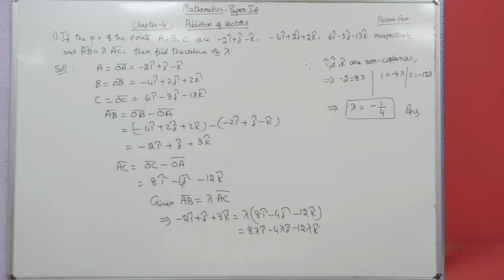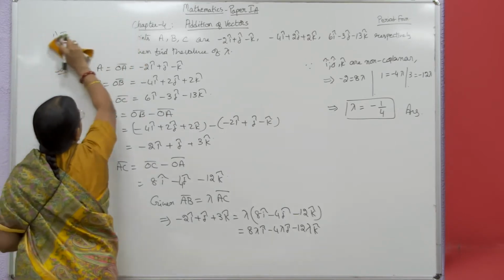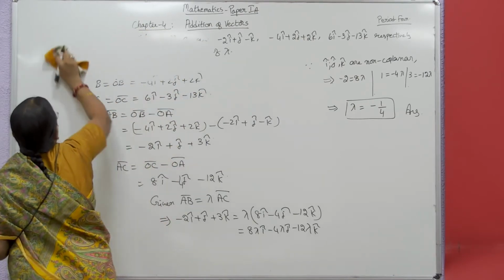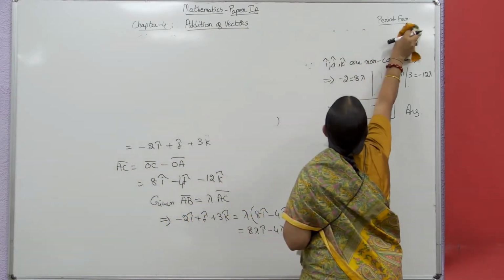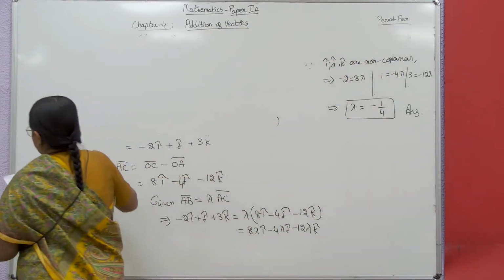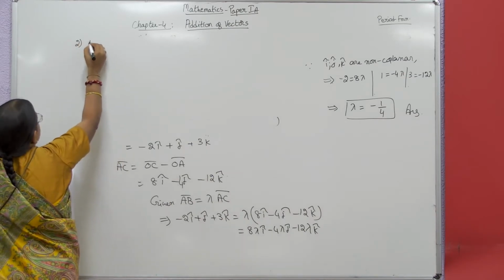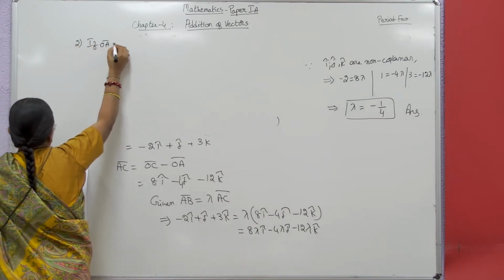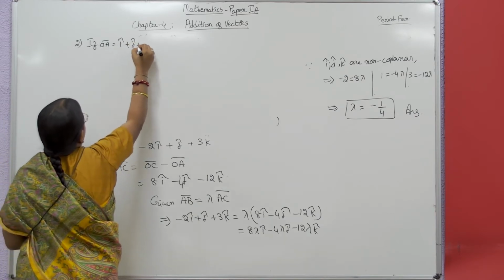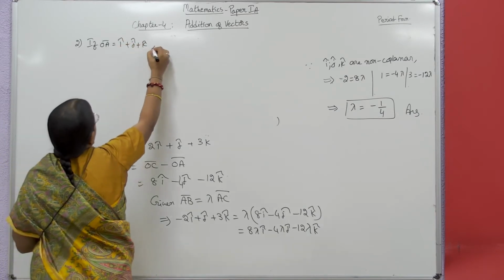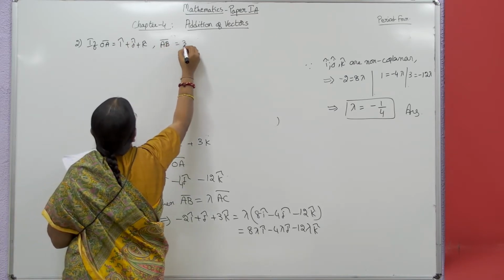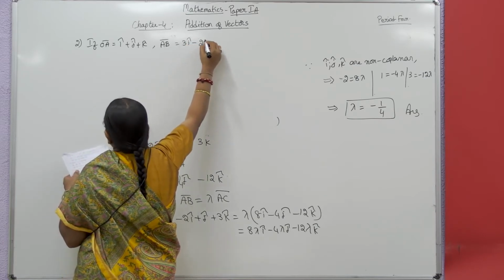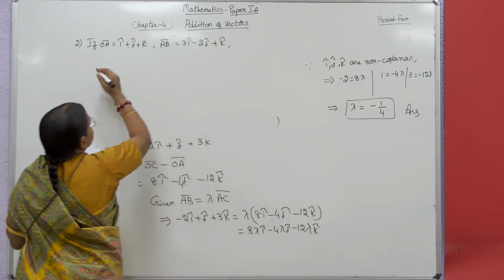Now next problem. The second problem I'll write. If OA is equal to i plus j plus k, and AB is equal to 3i minus 2j plus k, this problem is very, very important.